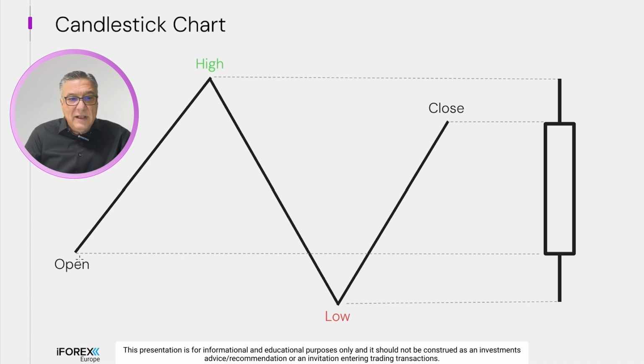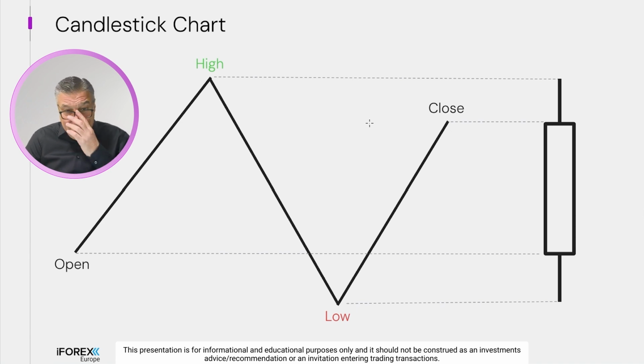Now, if we draw the price action, like the first price of the session, the open price, then let's assume that the price moved higher and recorded the highest price during the session, the high price, and then it dropped lower to the lowest price of the session, the low price, and then finally the last price of the session, the close price.